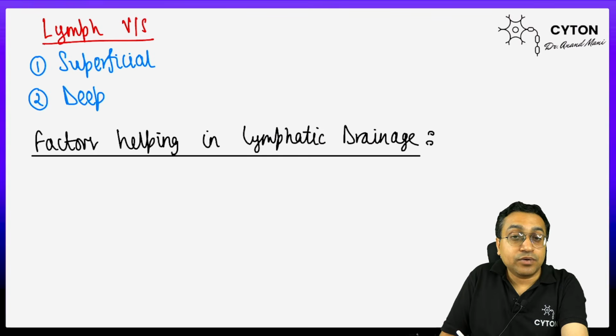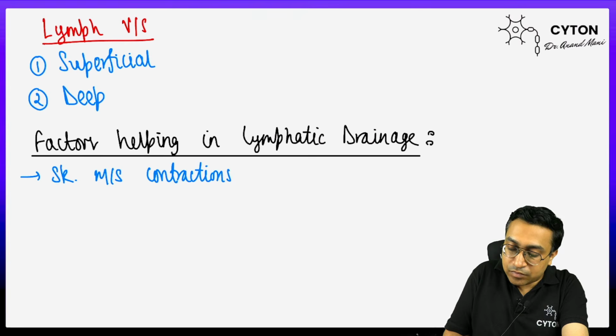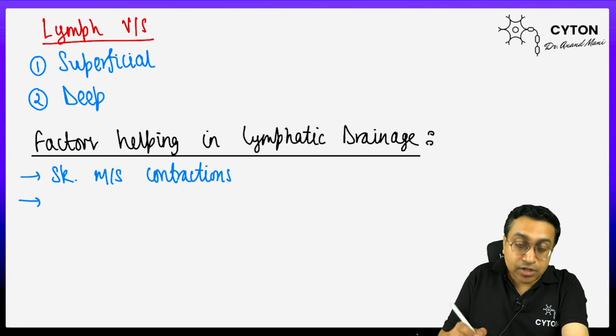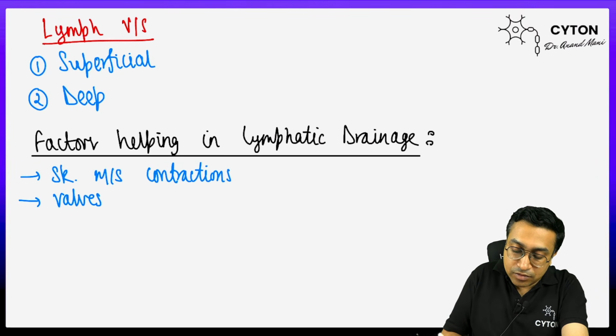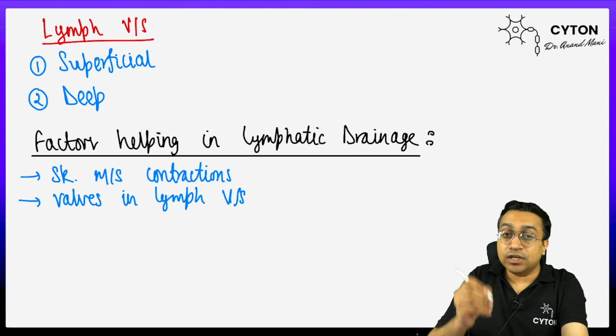Let us understand. One is the skeletal muscle contractions, okay, which create the pressure on the lymph vessels. Number 2, the valves in the lymph vessels, okay, which maintain the unidirectional lymph flow.